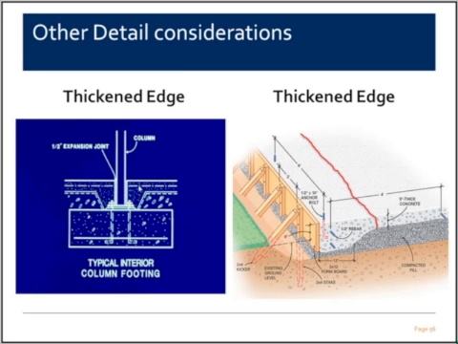That's because the concrete on each side of the column wants to shrink away from the column, and it's not only restrained by this thickened edge, but it's also restrained by the anchorage to the column, which creates a crack, commonly right at this location. On the right, this is a typical slab-on-ground detail I see for residential construction. Same thing: I'll see a crack form right at the edge of that thickened edge. So we want to avoid these details.